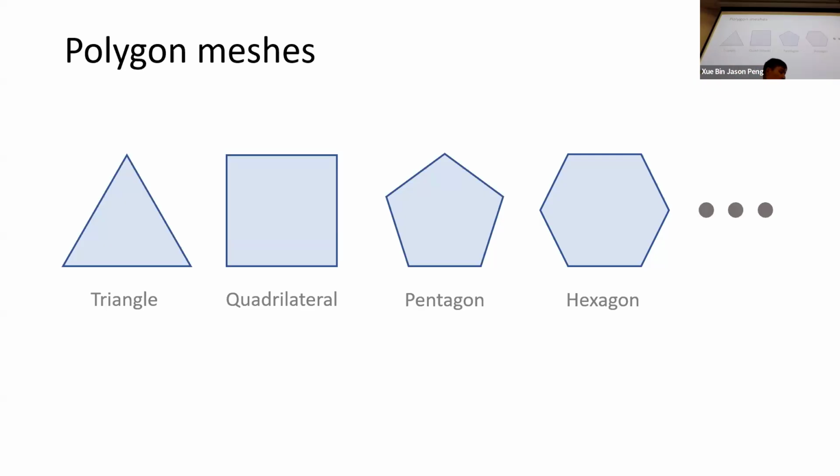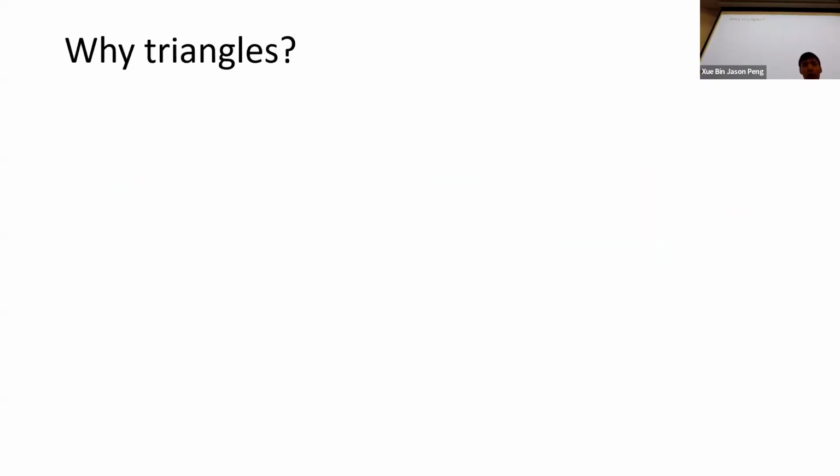So even though there are lots of different choices that we can make in terms of the type of polygon that we use for our polygon mesh, in practice, the vast majority of polygon meshes are represented using triangles. Most of the 3D meshes that you see in games and films, chances are they're represented as a triangle mesh.